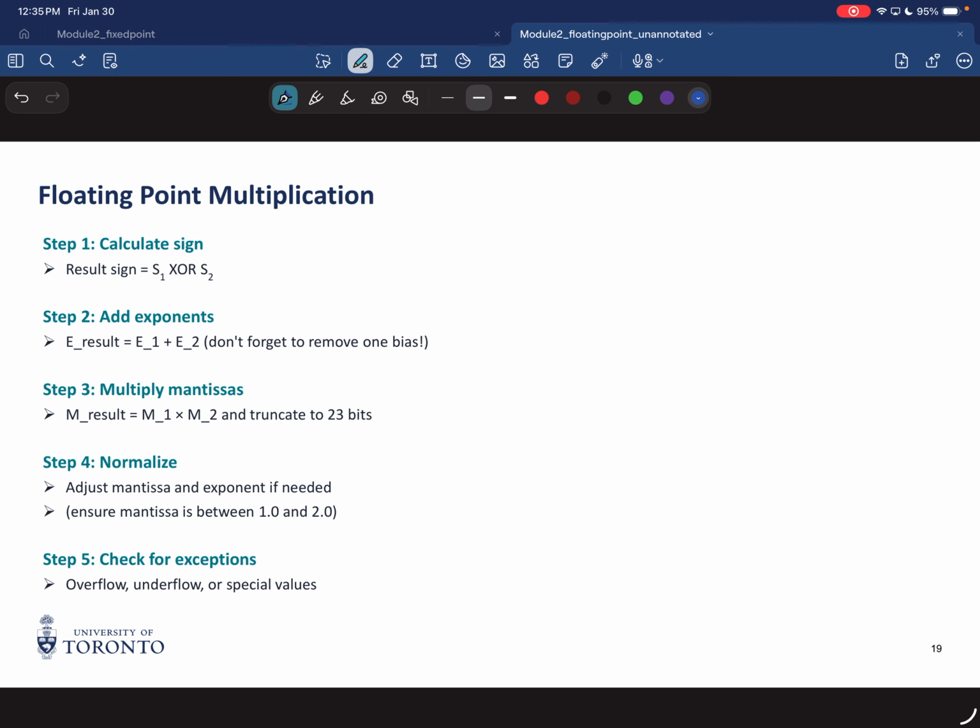So either here, I'm going to tell you here, either add actual exponent 1 plus actual exponent 2, and then for the actual one, you would add 127, and then this would be your stored exponent.